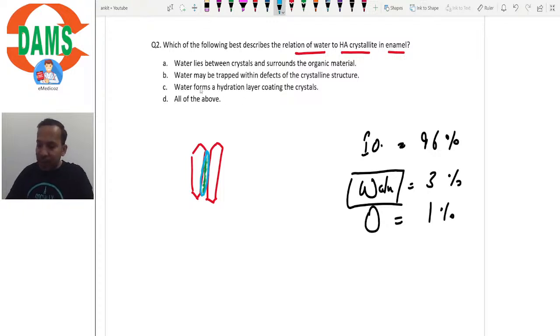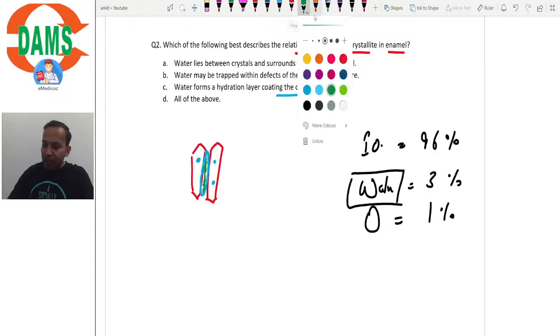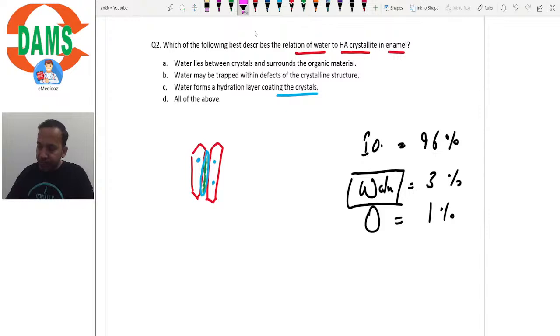Then the second option says that water may be trapped within defects of the crystallite structure. Let's say this is a defect in the crystallite structure, and in the defects water may be trapped. The third option says that the water forms a hydration layer coating the crystals.